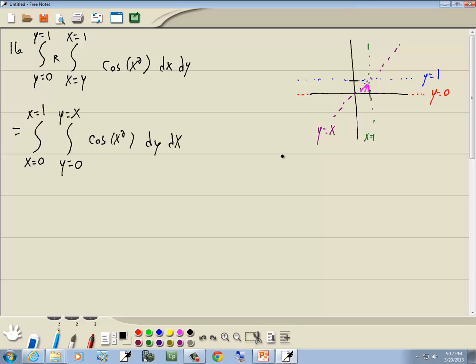Because you think about it, it will remain the same. We're not actually looking at the graph of this, but the graph of that doesn't change. We're just looking at it from a different approach. Switching these around. Okay, so now we'll work with the integral.